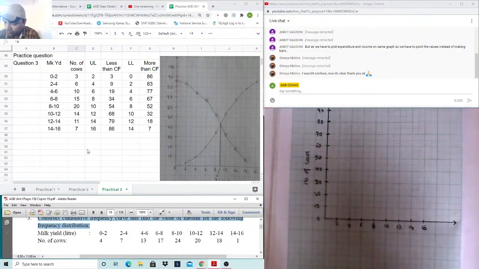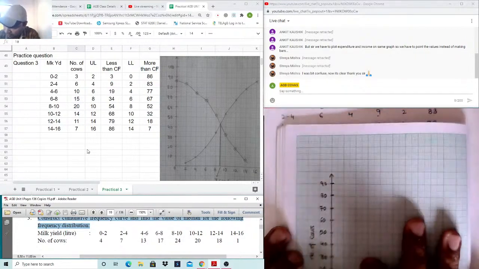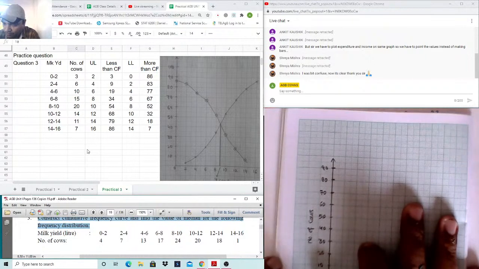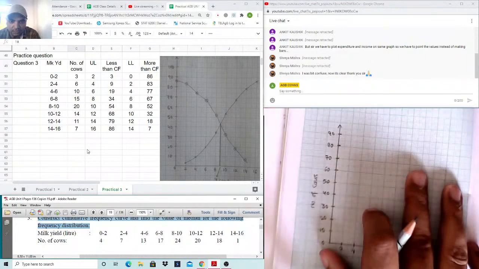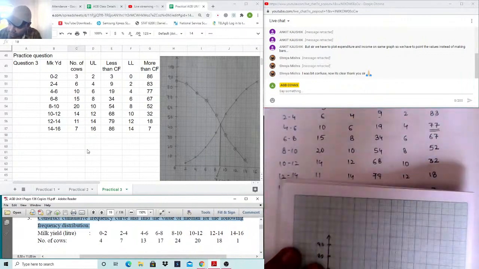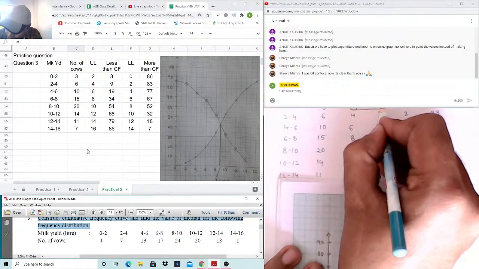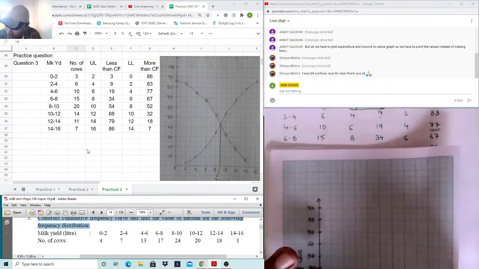Fine. So now we have the values available with us, the less than frequency and the more than frequency. The less than frequency we have calculated. The upper limit is 2 and the cumulative frequency is 3.